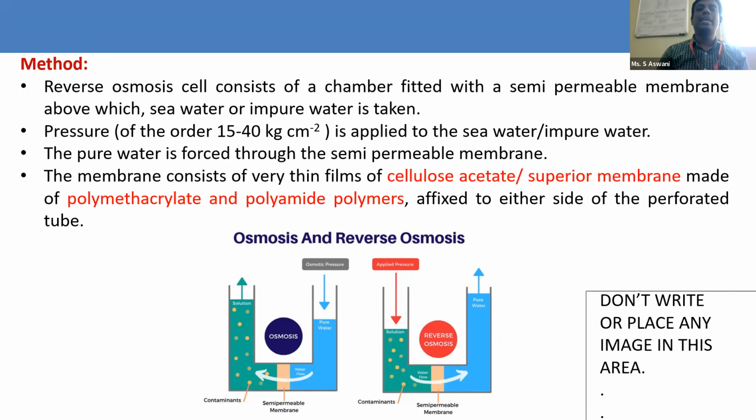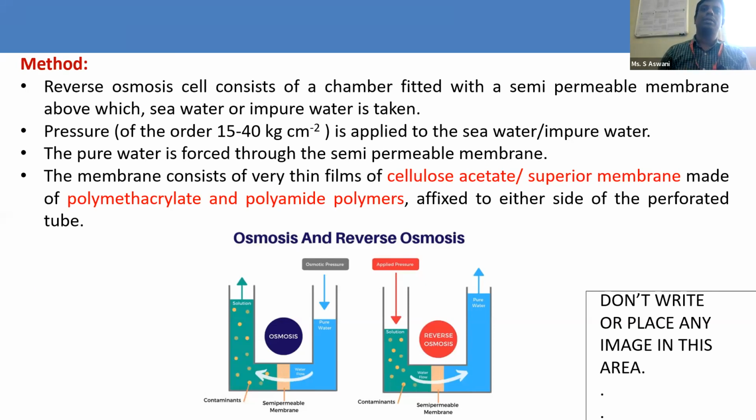On one side, the majority of the contaminants remain, and only through the membrane is pure water transferred. This process happens in reverse osmosis.